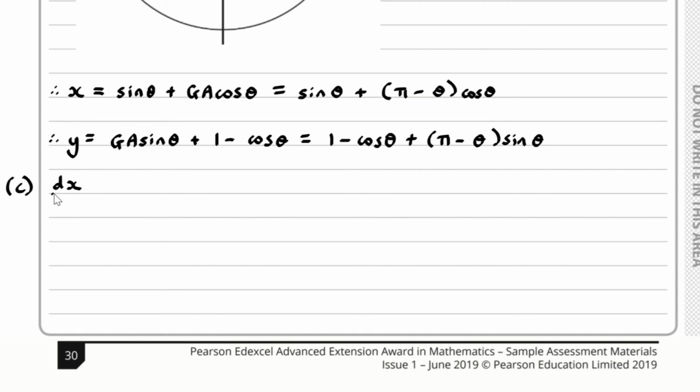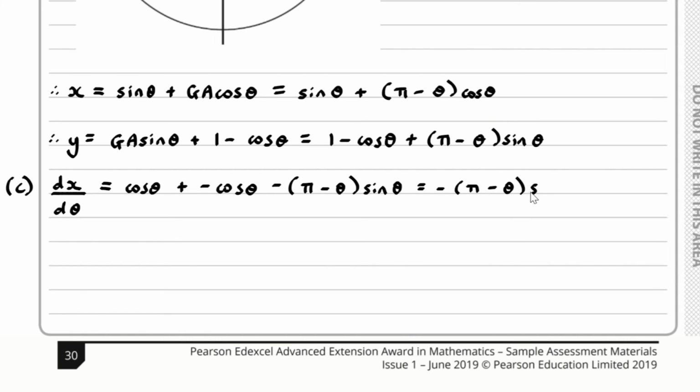So dx over d theta will equal, well, if I differentiate sine I get cos, and using the product rule I've got the differential of pi minus theta, which is minus 1, multiplied by cos theta, and then we've got the differential of cos theta, which is minus sine, and then multiply that by pi minus theta, and cos theta minus cos theta simplifies to 0, so we are left with minus pi minus theta sine theta. So that's what dx over d theta is.